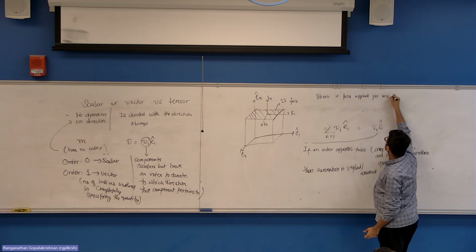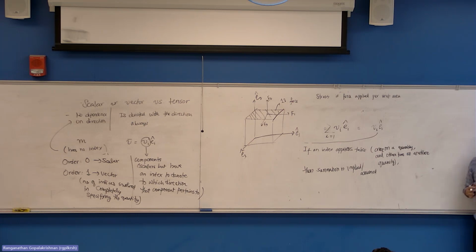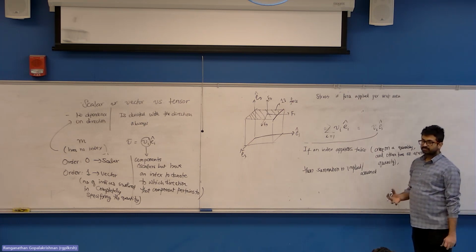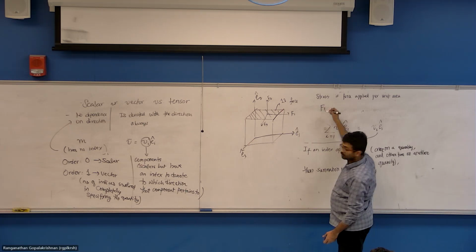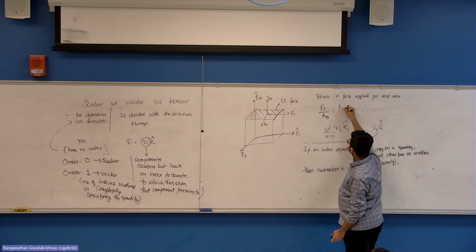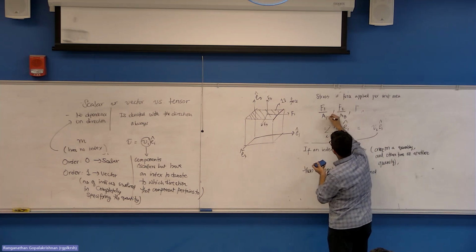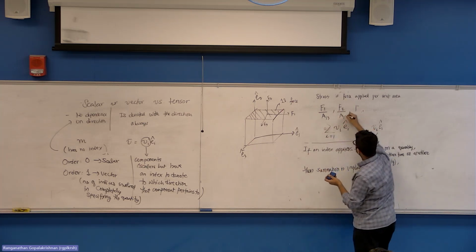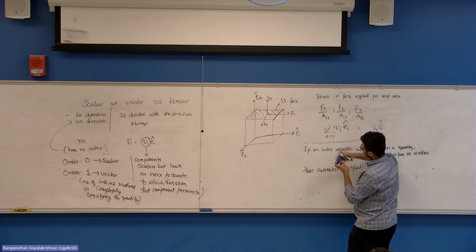This is what we learned from high school, right? So what are the three possible ways you can calculate that stress here? That is, you can write F1 divided by, we'll call this A13, F2 divided by A13, and F3 divided by A13.